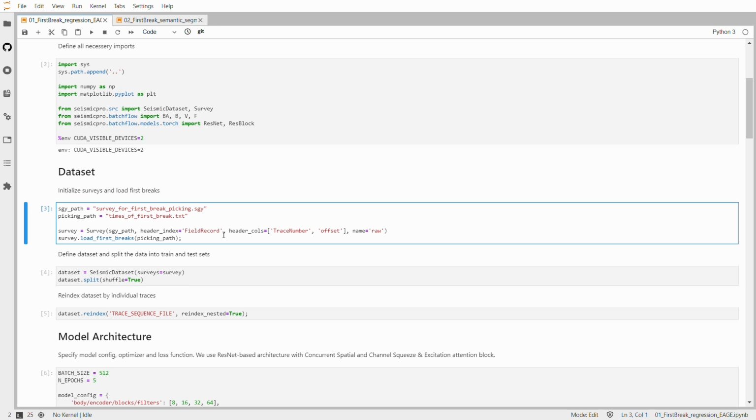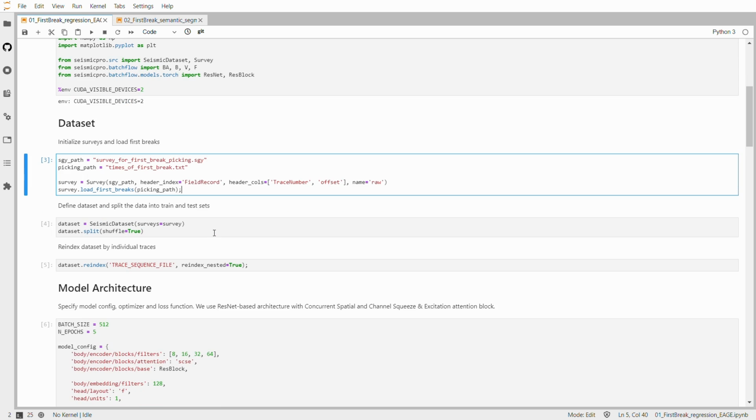The survey class represents a single SEG-Y file. This class does not store trace data, but only a requested subset of trace headers and general meta. In our case, the created survey groups traces into common shot gathers. Also, here we load times of first breaks.